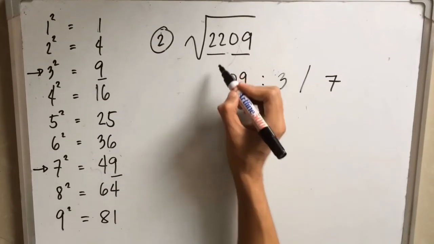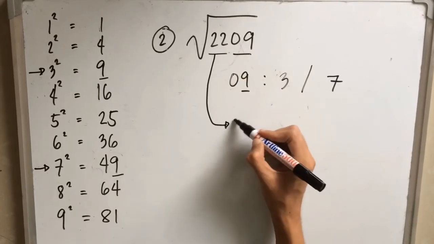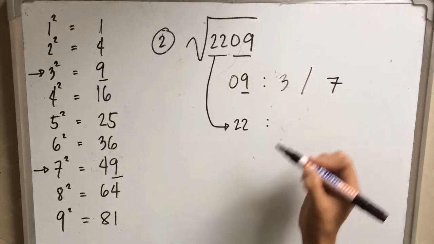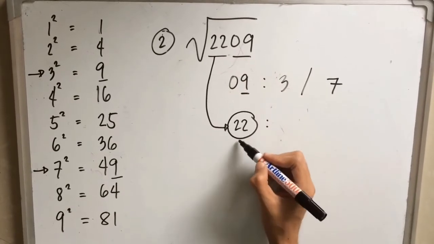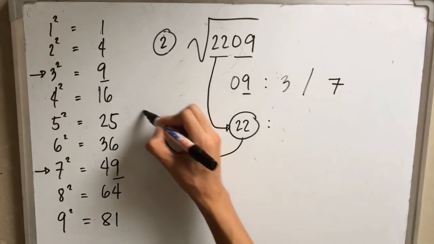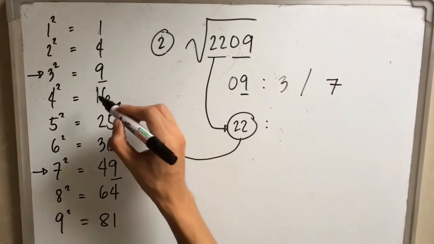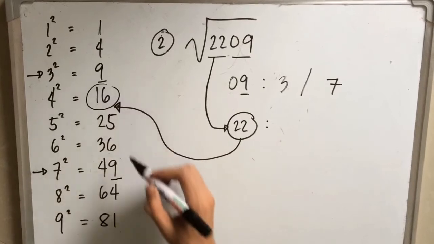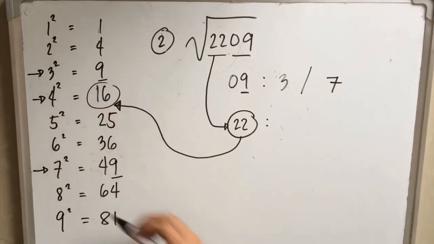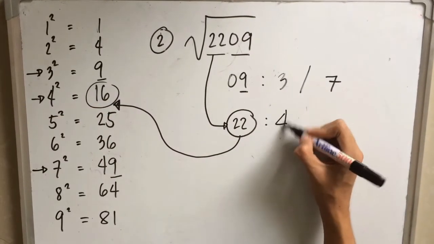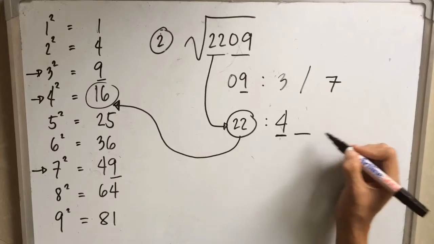So considering now the remaining 2 digits, 22, and we're going to find its location. It's between 16 and 25. So if you are going to pick 25, it's more than 22, so obviously we're going to prefer 4 because its square is 16.